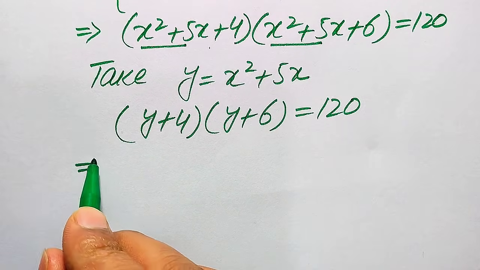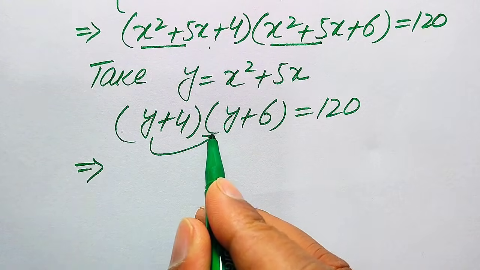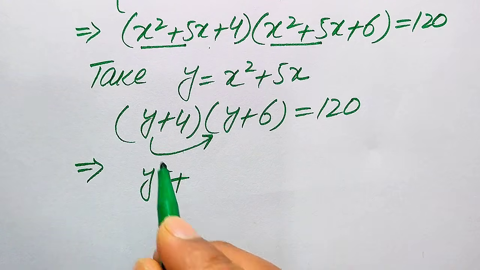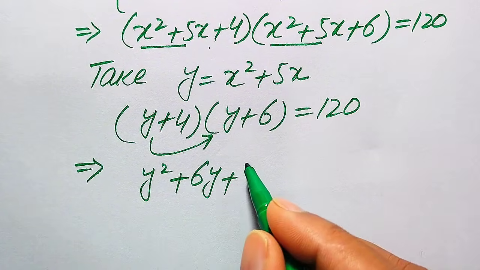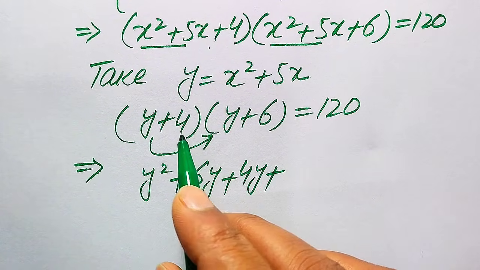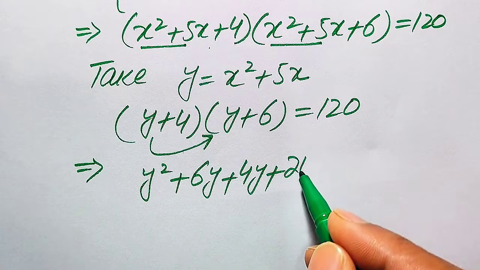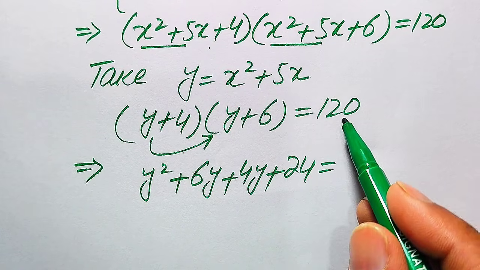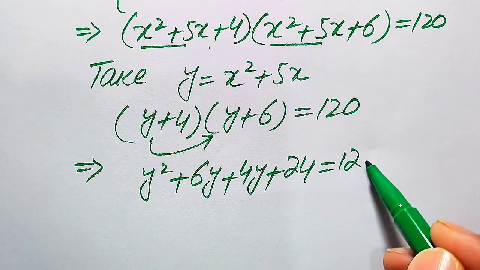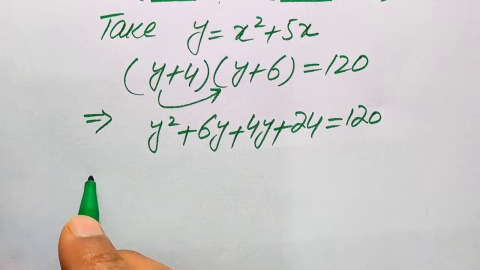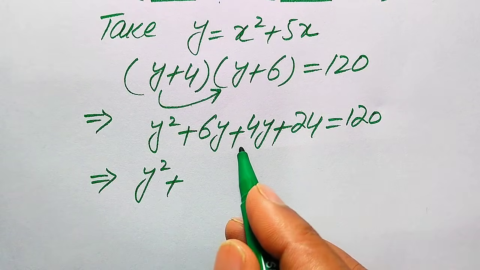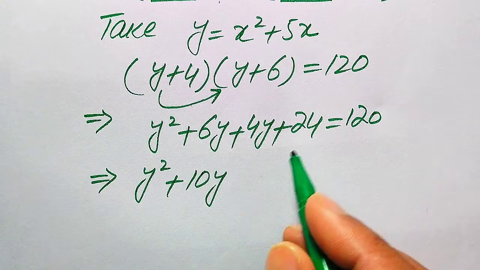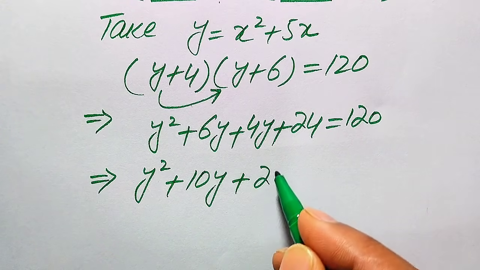And here we again multiply these two factors, and we multiply y with y becomes y squared. When we multiply y with 6 becomes 6y, we multiply 4 with y becomes 4y, and we multiply 4 with 6 becomes 24, and this is equal to 120. Here we need to add or subtract the like terms, and we have y squared plus 6 plus 4 becomes 10y, and plus 24.